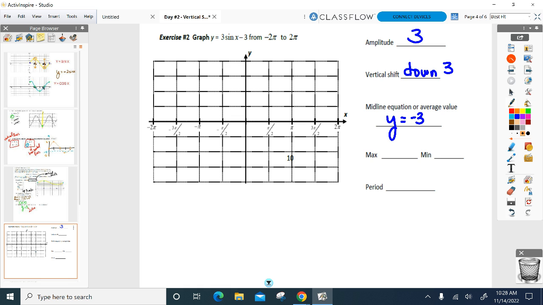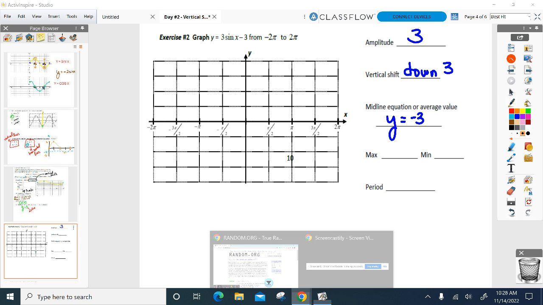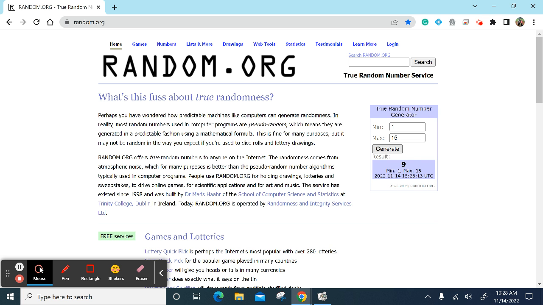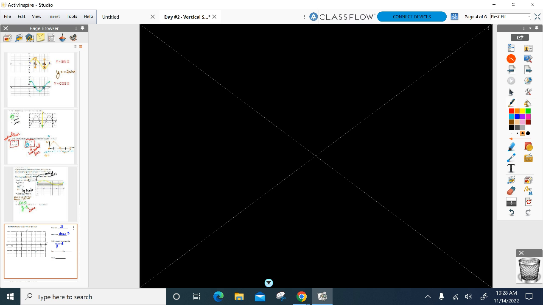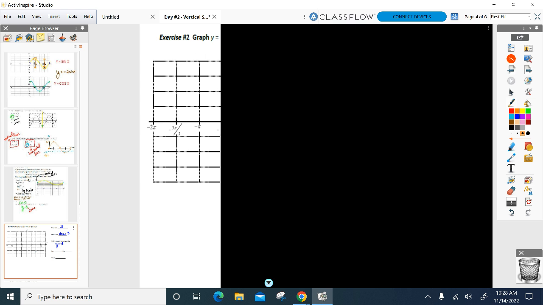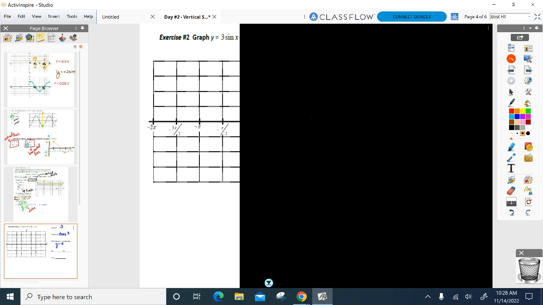Here's probably the toughest part, determining the max and the min. Here's the process. Here's how I want to do the max and the min with you. On Friday, before you knew anything about shifting, what was our max and min?